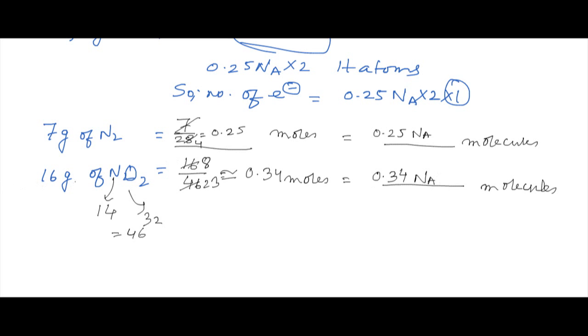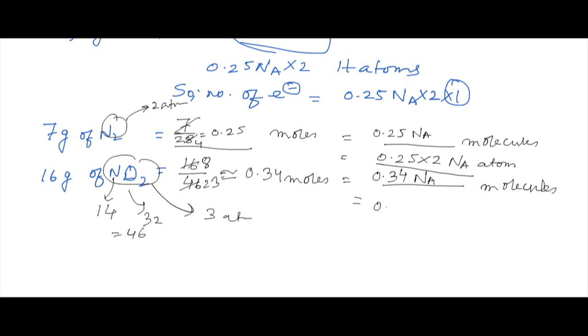Now if it is asked which has the maximum number of atoms, in that case this one will have 0.25 into 2 Na atoms, because one nitrogen molecule will have 2 atoms, and this one will have 3 atoms.